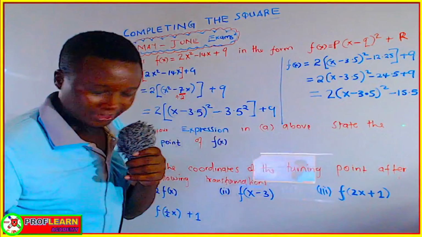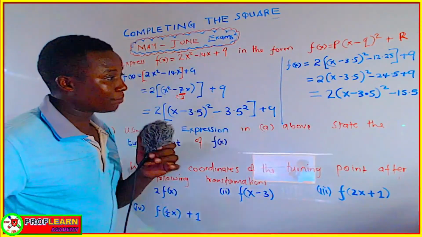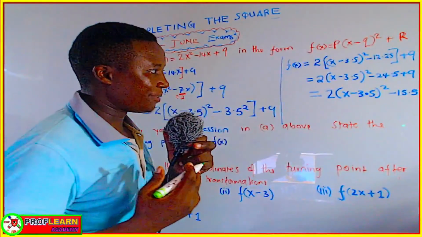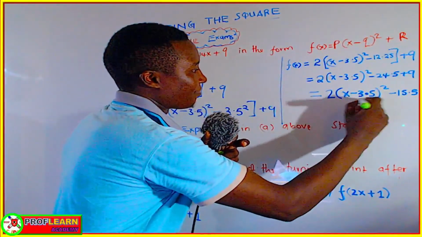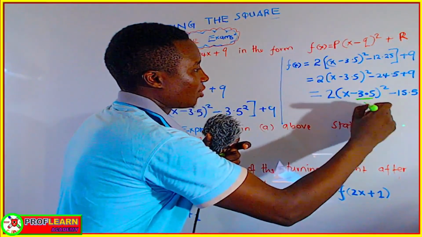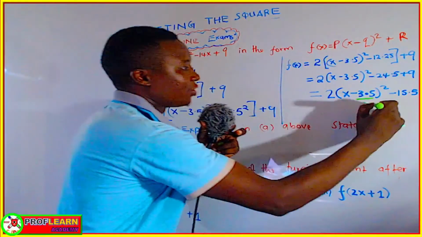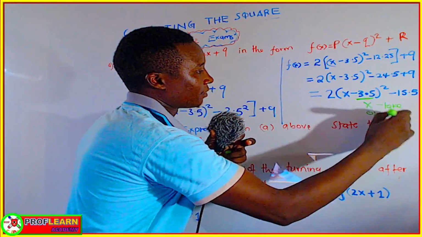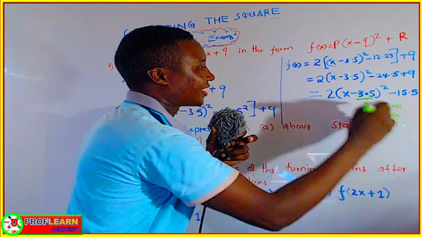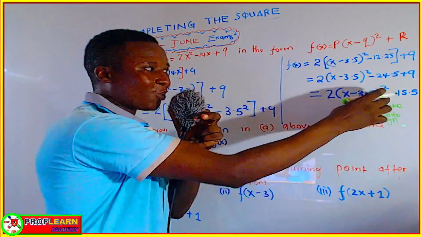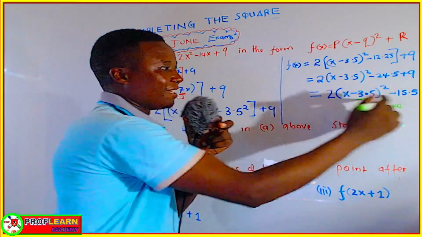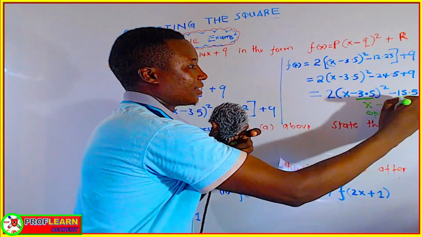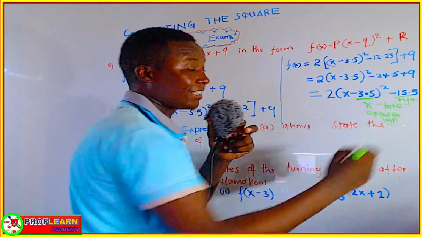For you to state the turning point, remember the turning point is going to be given by the x and the y coordinates. This part here is going to give us the x coordinate, but you take the opposite sign. Always take the opposite sign of the one that you're having at this point. And this one is going to give us the y coordinate, so that one you take the sign the way it is.